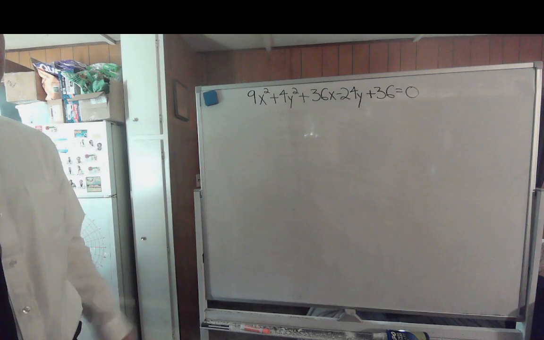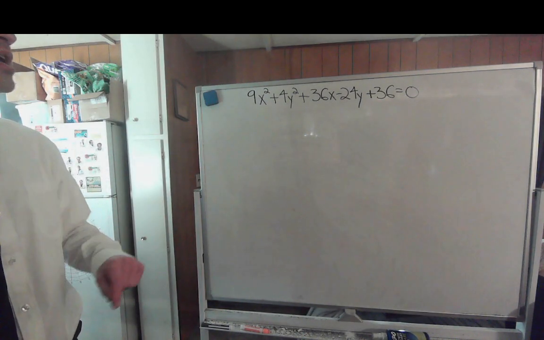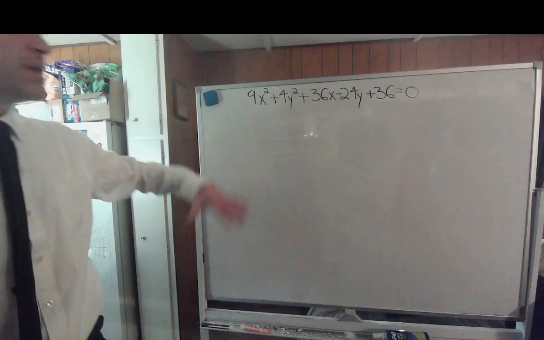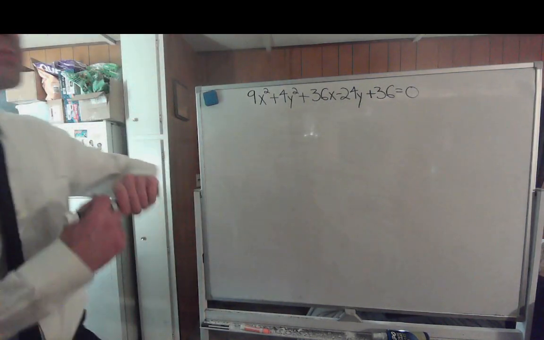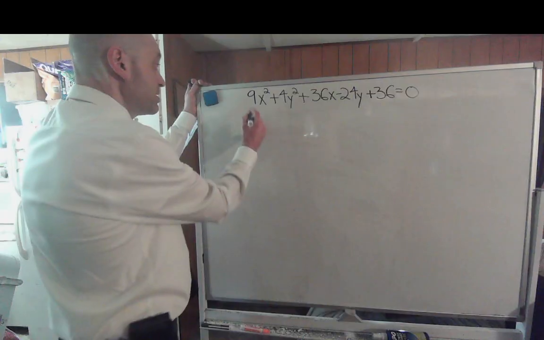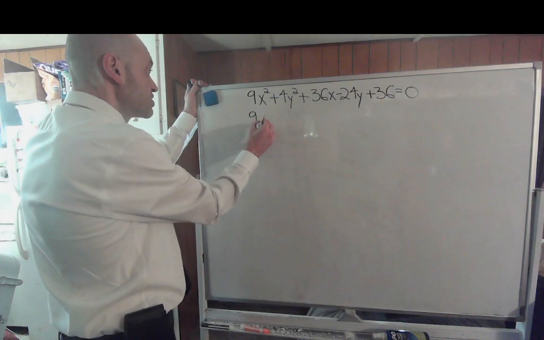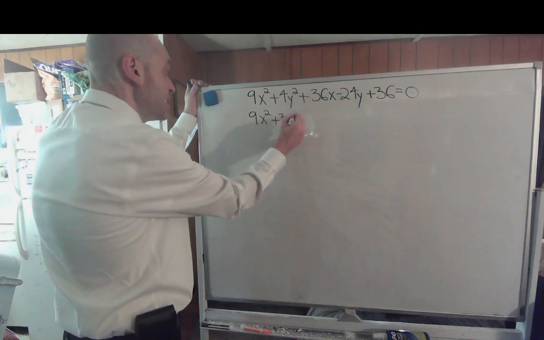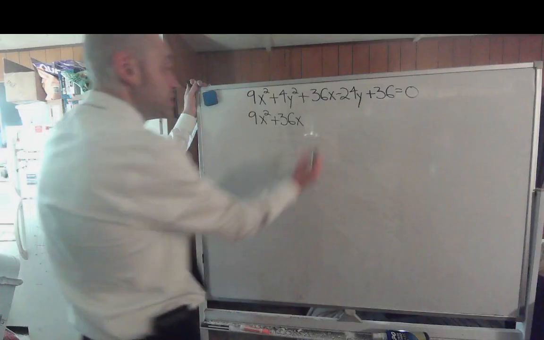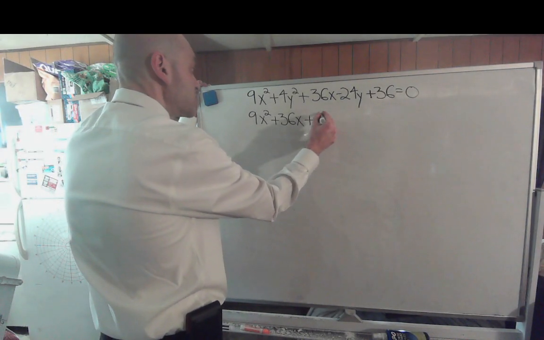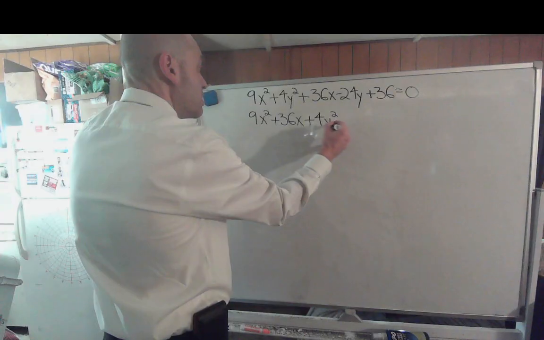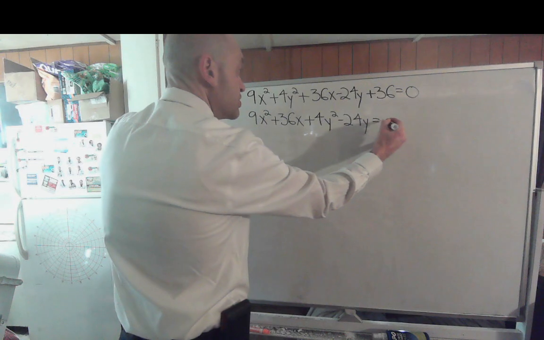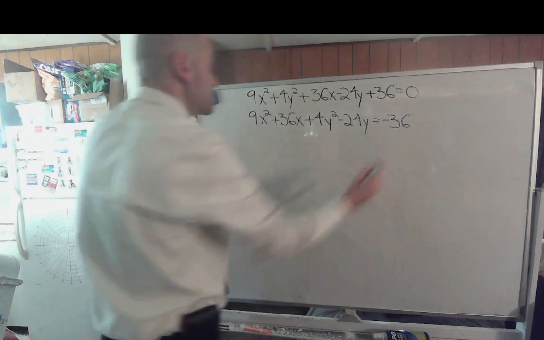What I'm going to suggest is a couple things. We need to get that constant term out of the left-hand side. Then we need to group our x and y terms together. Let's do both in one step. So this would turn into 9x squared plus 36x plus 4y squared minus 24y is equal to negative 36.